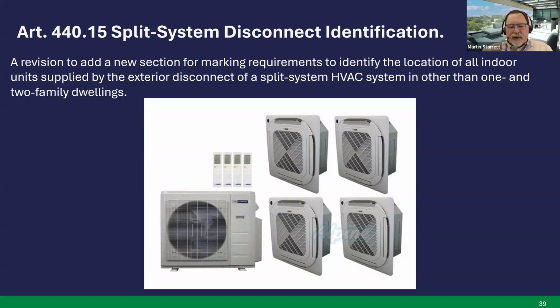So what that means is on the exterior disconnect, you're going to have a label that tells the location of all the indoor units that are supplied from that exterior split system. That's going to be a pretty big one as far as labeling requirements. Again, other than one and two family dwellings. Next slide.